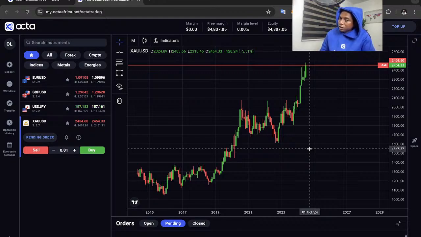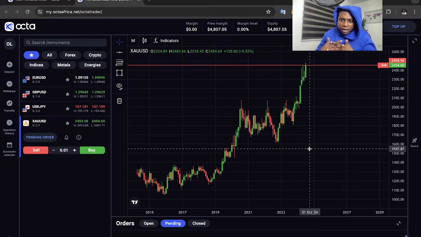That's one interesting thing you need to know. So when there are recessions here and there, when there are inflations here and there, investors would have an interest in gold, because gold as a commodity is a store of value.